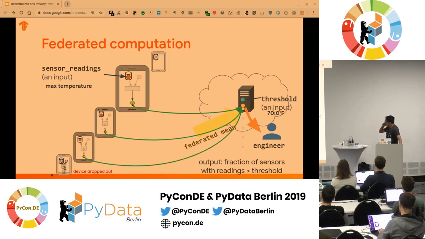These values then come back, and they can be aggregated using an aggregation operator. We talked about federated model averaging, and the more general purpose thing is federated mean, right?